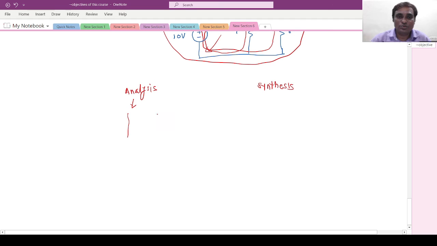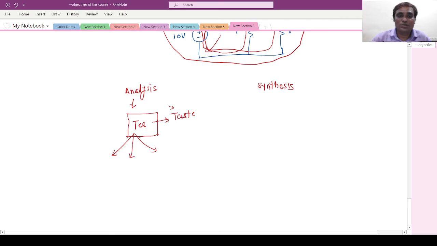Suppose I have a system, let's say one system called tea, that everybody drinks. Now if I would like to analyze this tea, what is to be done? Generally, taste is important. Now I would like to analyze how this taste has been achieved.